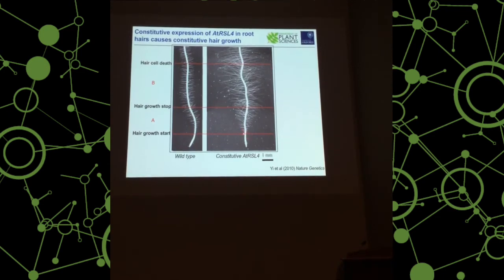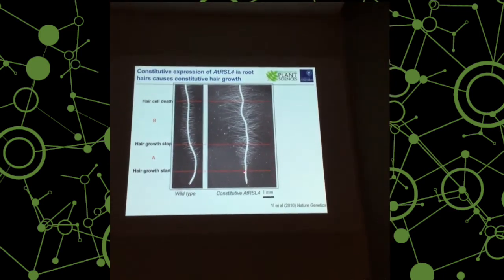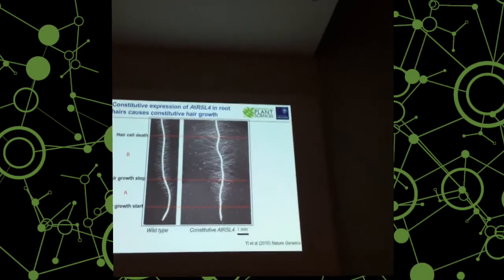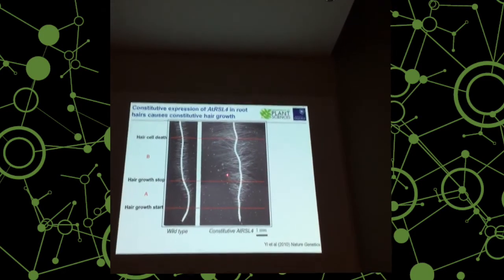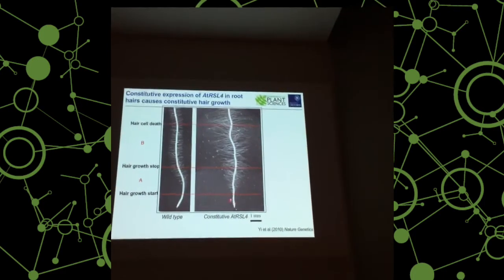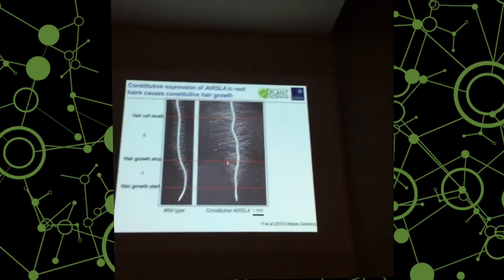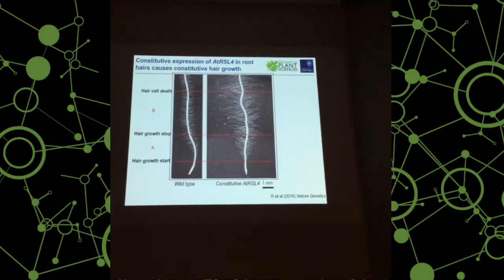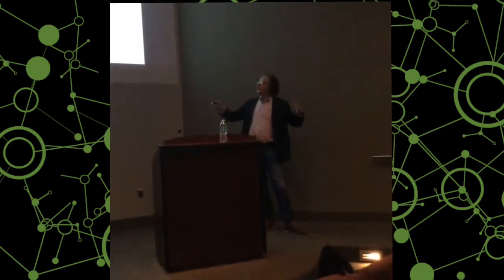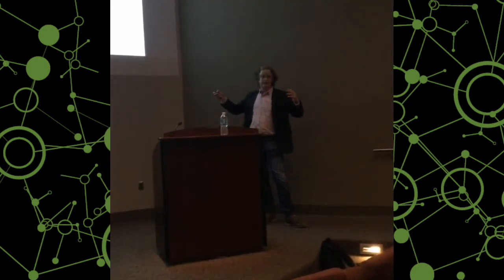Initiation of root hairs is around the same place as you see in wild type, and this is the zone where they should be stopping, but they don't stop, they just continue to elongate. So what's happening when we constitutively express RSL4 off the 35S promoter is that the root hairs stay in the constitutively growing phase, and they only stop growing when they die.